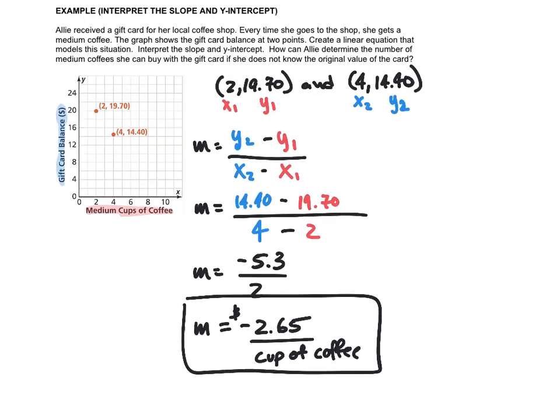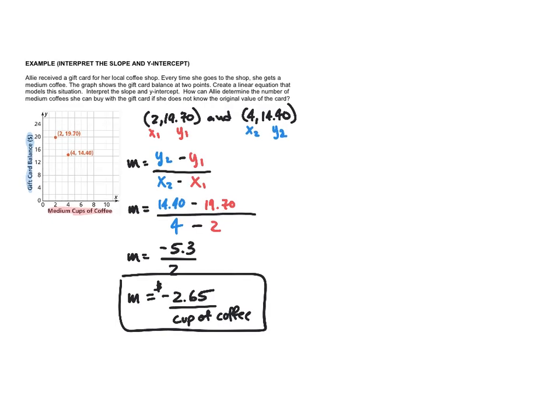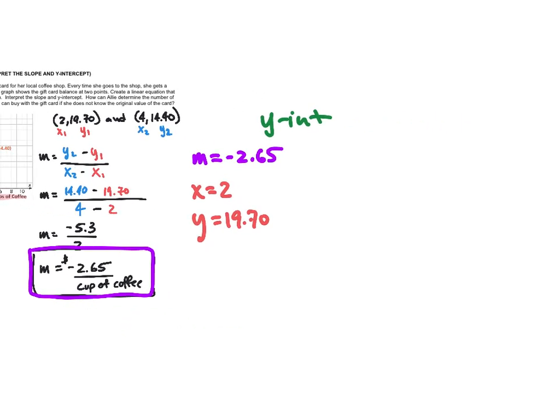Now let's figure out what the y-intercept is. If we know the slope, m is equal to negative 2.65. It doesn't matter which one of these points I use. I'll use the first one, where x is equal to 2 and y is equal to 19.70, and plug that into y equals mx plus b.